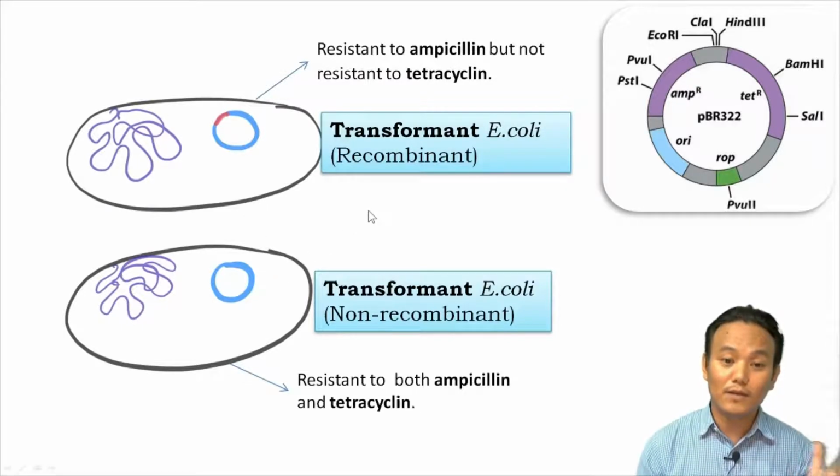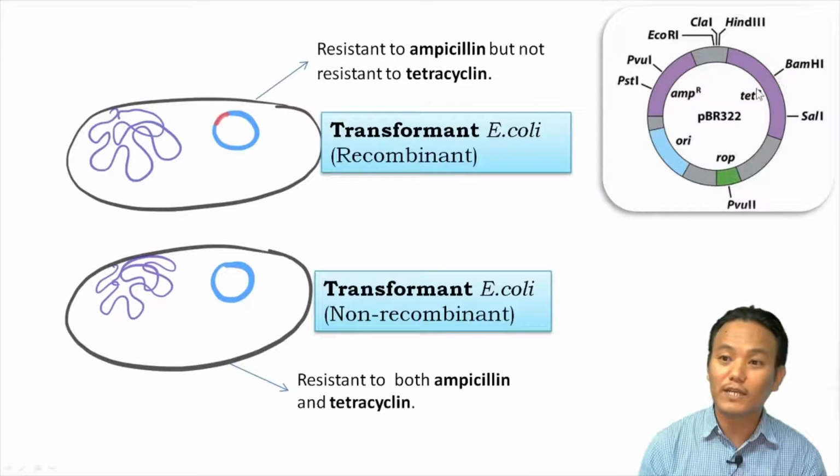So that is the main idea of using BamHI in order to insert this foreign gene right in the middle of the tetracycline resistant gene, thereby making it inactive. And we are using this insertional inactivation property in order to identify recombinants from non-recombinants.